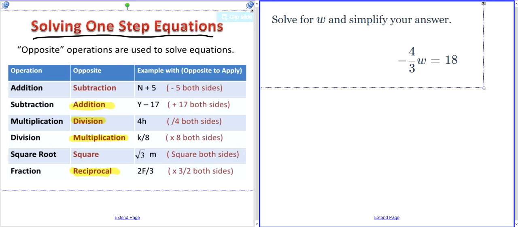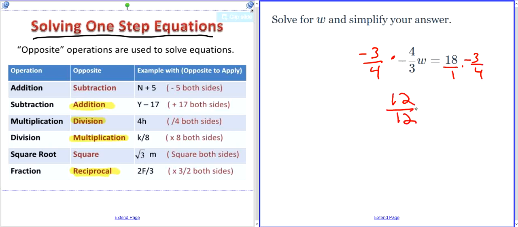Alright, so let's go ahead and multiply. We're going to multiply by negative 3 over 4. Remember the reciprocal. So I'm going to put this over 1 and multiply by negative 3 over 4. Okay, so this is going to get me negative times a negative, which is positive. 3 times 4 is 12. 4 times 3 is 12.